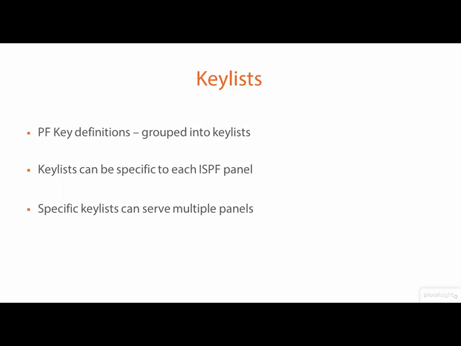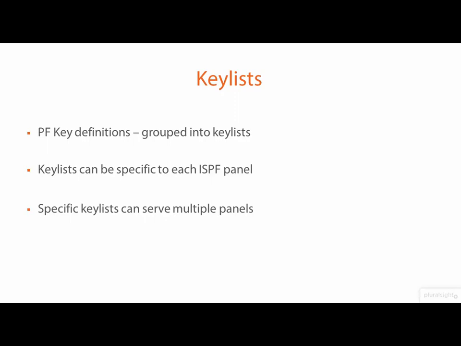Key lists represent another way of assigning PF keys. And for the most part, we won't need to be dealing with key lists because they represent a customized value that is associated with a particular application. So as a result, if you were developing your own ISPF applications or a vendor product, they may have PF keys associated with them that are unique to that particular product or application.